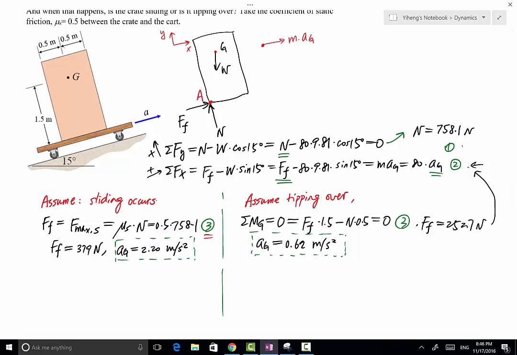Before I further analyze the situations, let me say that you can actually write an alternative moment equation. You can summarize the moment about point A. This is not 0.